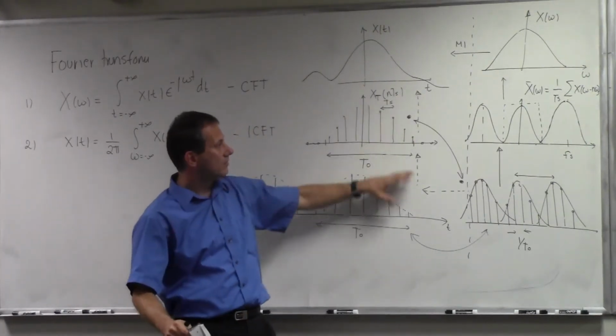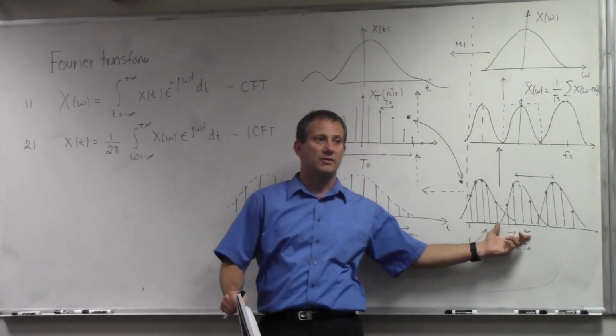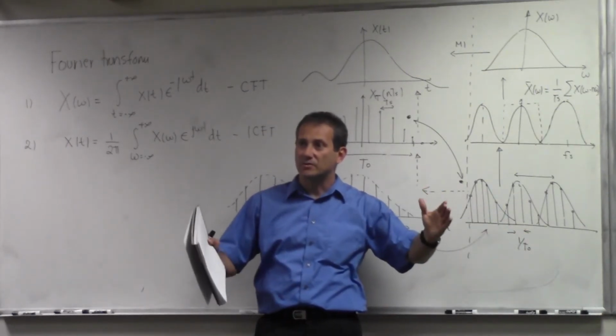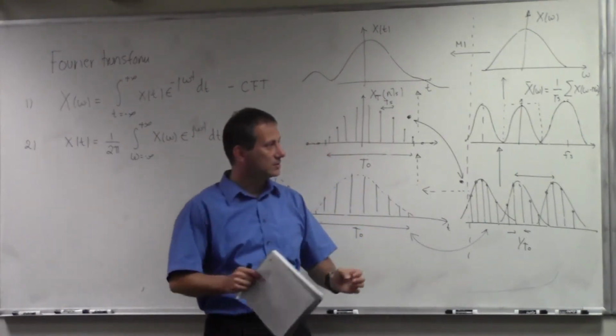When I do all of this and eventually get the samples of the Fourier Transform of this signal, what I'm going to end up with is the same number of samples in the frequency domain. So that's the first very important.